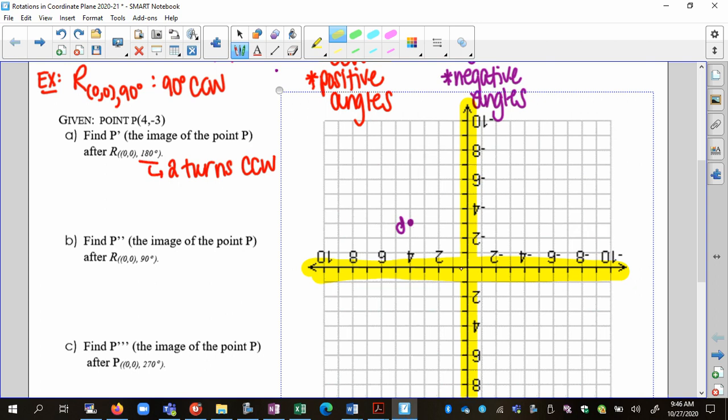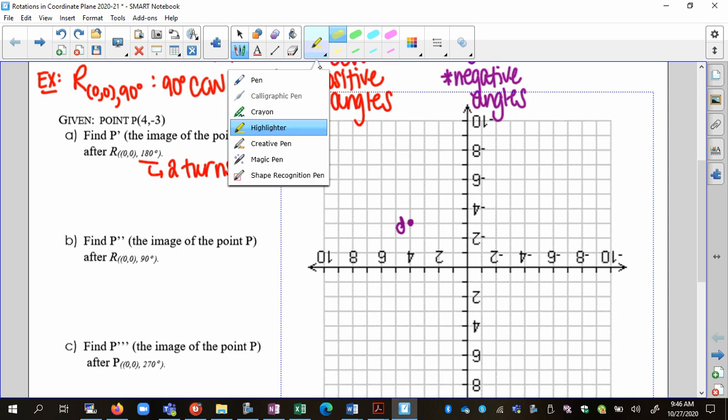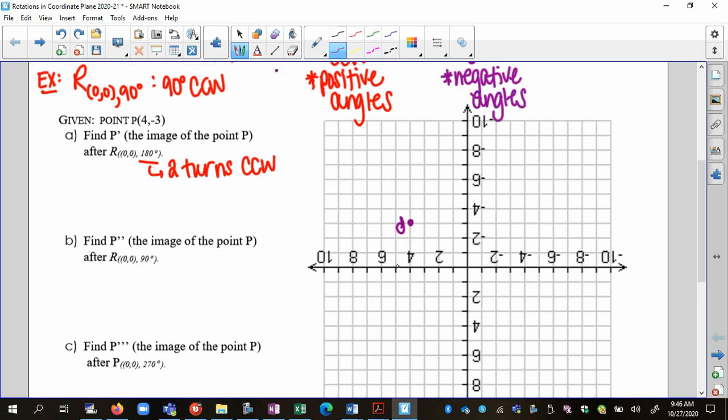So this is now located at 1, 2, 3, 4, so -4, up 1, 2, 3. So point P prime is -4, 3. That's where it needs to end up.